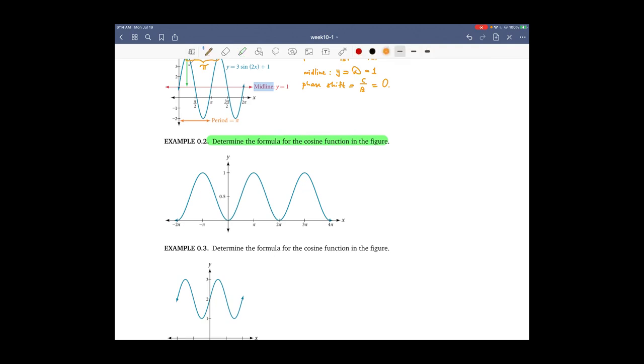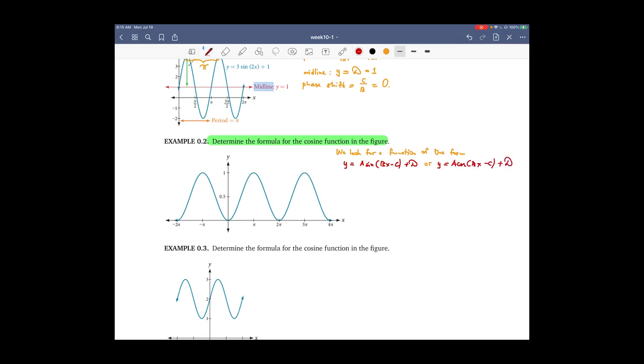So, seeing that this is a periodic function, typical sinusoidal shape, we look for a function of the form a sine bx minus c plus d, or a cosine bx minus c plus d.